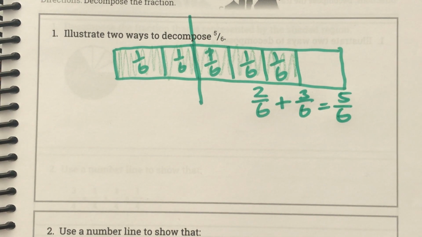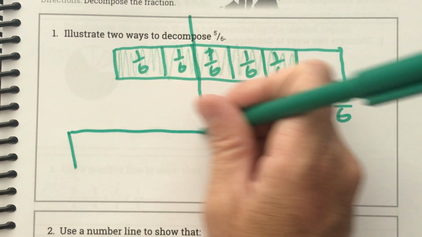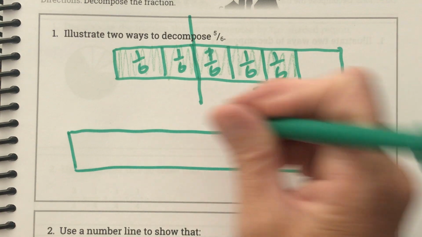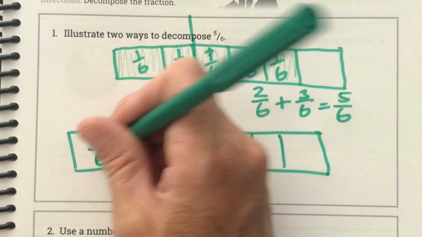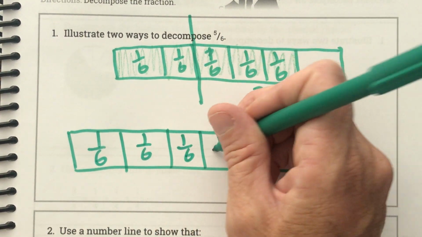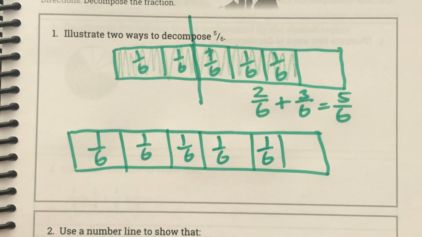Okay, let's try it a different way on the next one. So let's draw our 5/6. And we have 1, 2, 3, 4, 5 of the pieces.